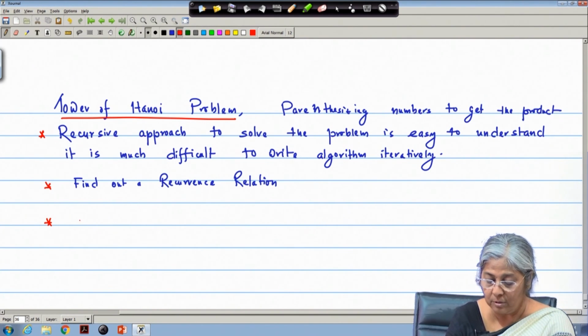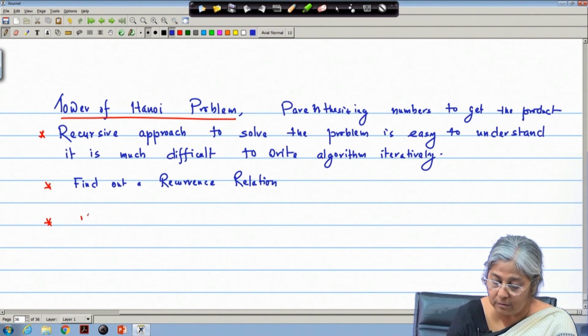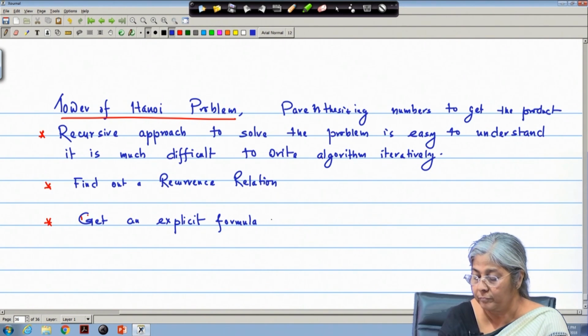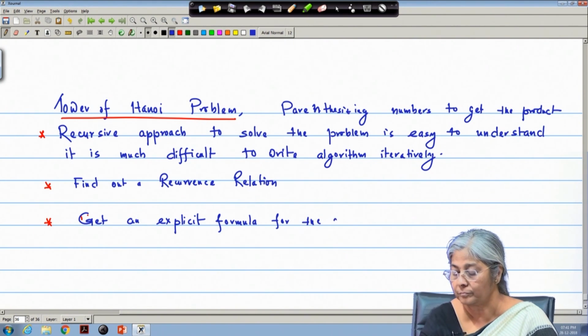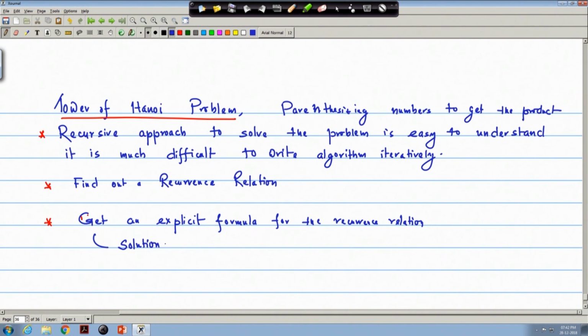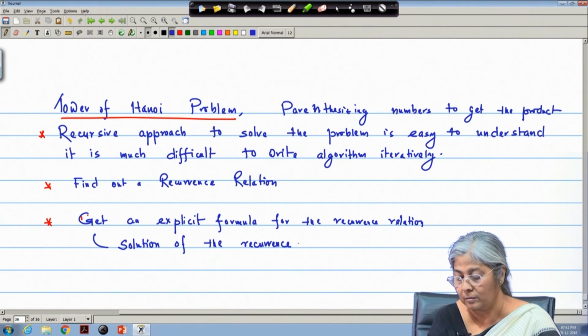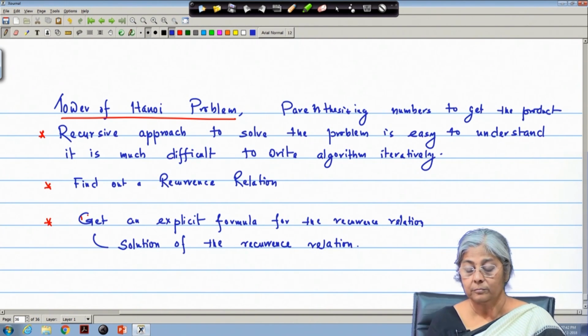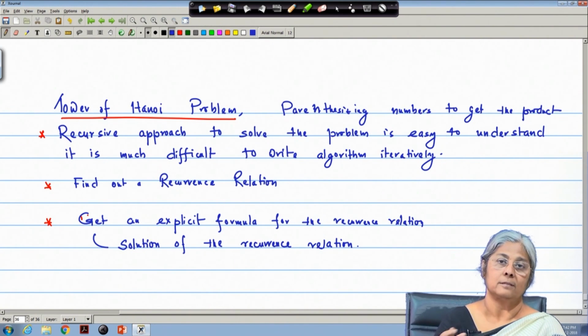So, now we learn how to solve the recurrence relation.